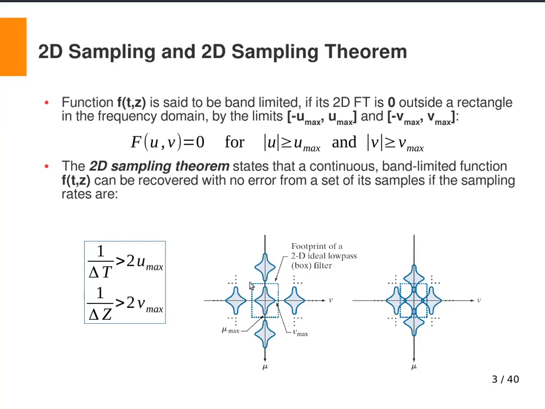As long as this range is limited, we have no overlap between the copies if these two conditions are satisfied. This is a case when the two conditions are not satisfied. Of course, it's possible that only one condition is satisfied and the other one is not. In that case, we only have overlap along one direction.